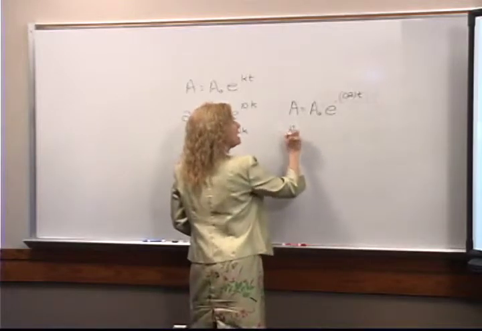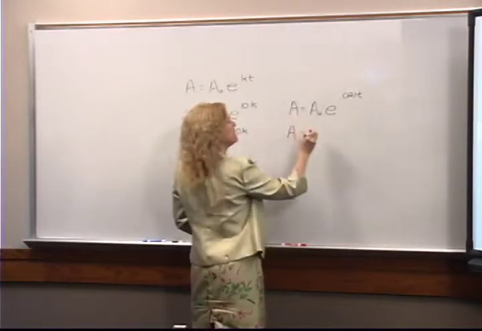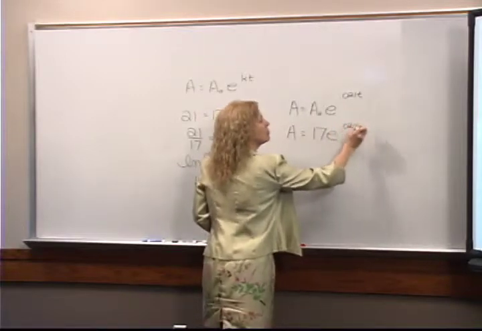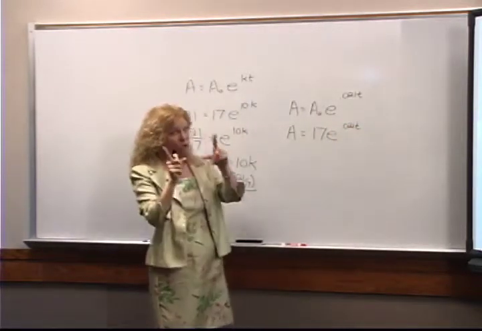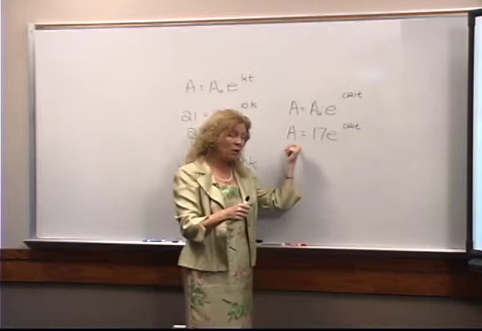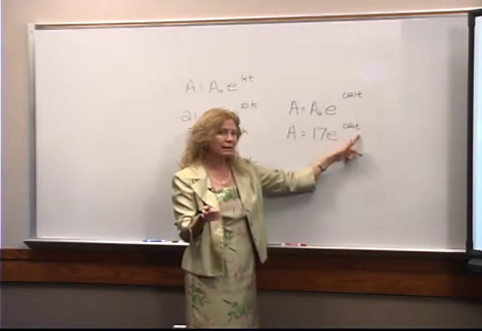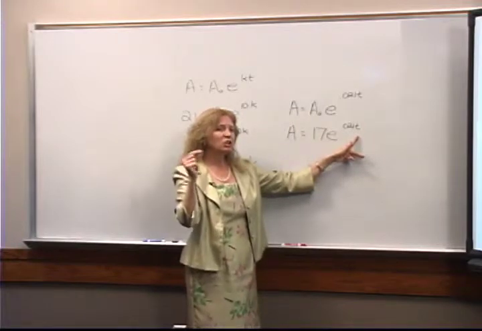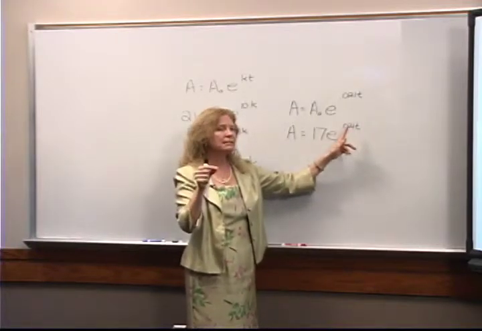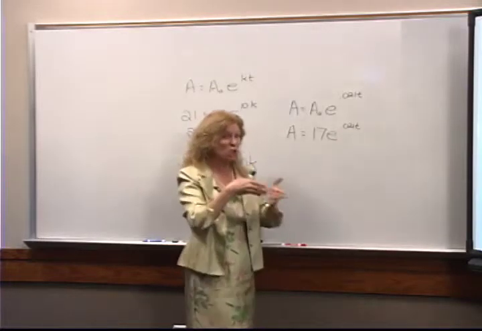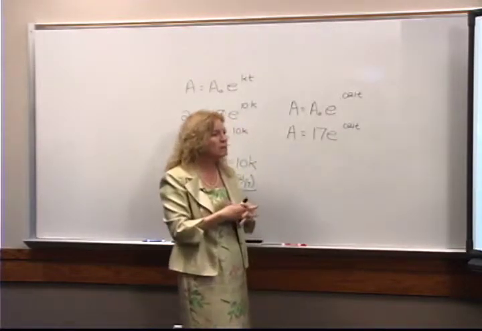I can say A is equal to, the beginning amount was 17. And something you'd have to note, my amount here is going to be in millions. My time is number of years since 1990. Remember, 1990 was when we decided to start it all. That was our beginning point.